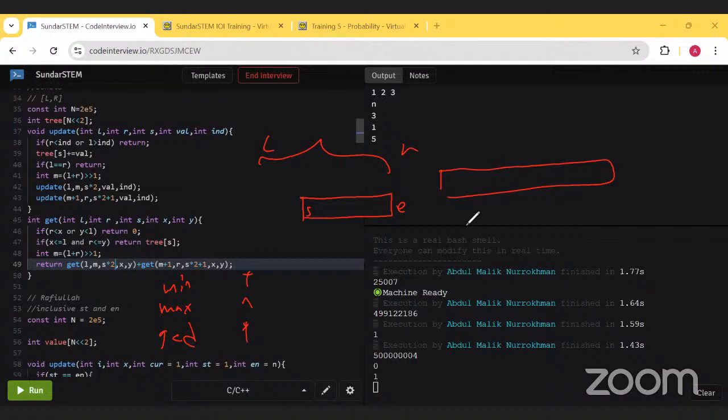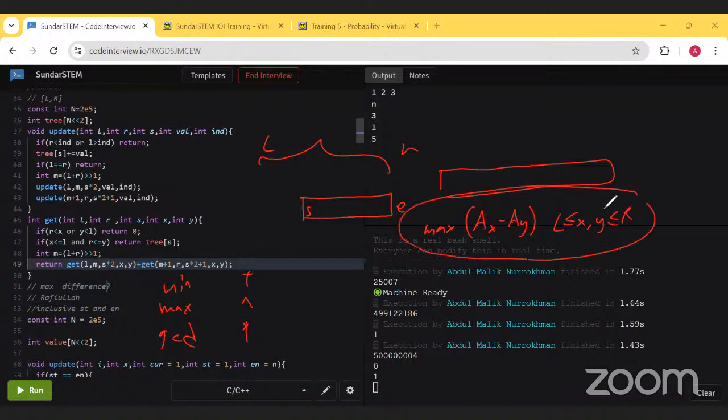Maybe like this. What is the maximum of a_x minus a_y, where x and y are between L and R? How to find it?